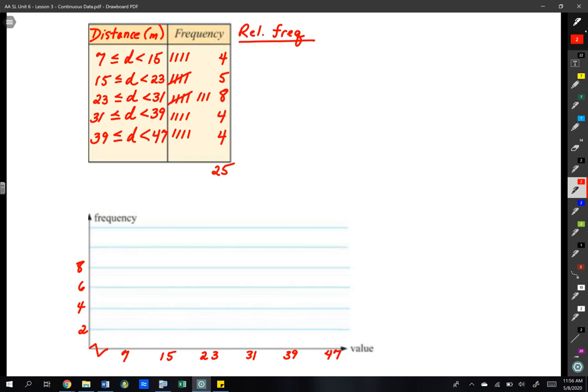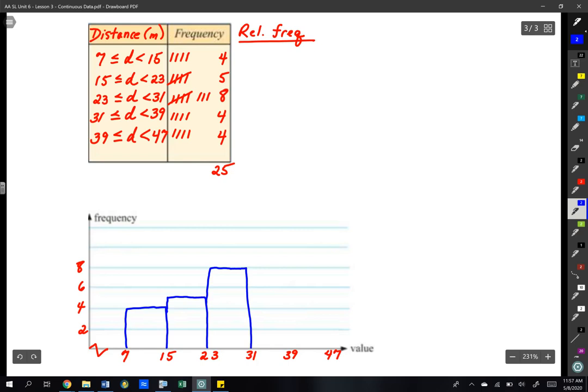All right, so the interval from 7 to 15 is 4. From 15 to 23, it's 5. From 23 to 31, it's 8.